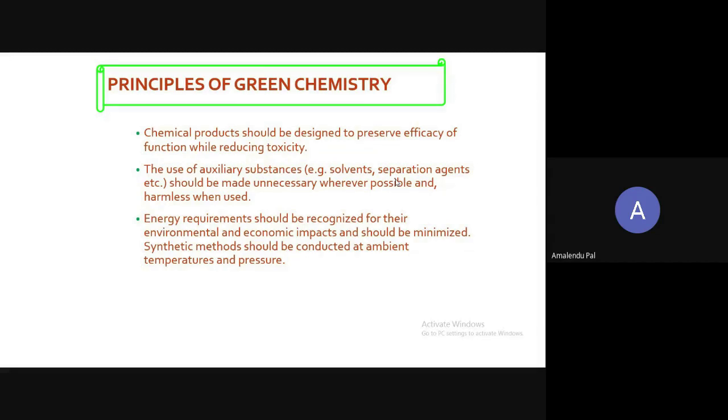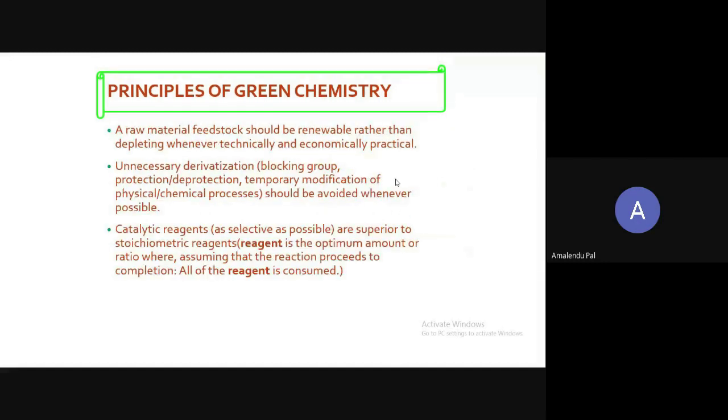Energy requirements should be recognized for their environmental and economic impact. So we have to consider the energy also, and that economic impact we have to minimize. Synthetic methods should be conducted at room temperature and ambient conditions. Raw material feedstocks should be renewable rather than depleting.